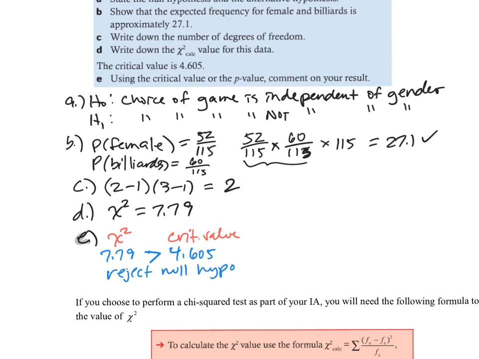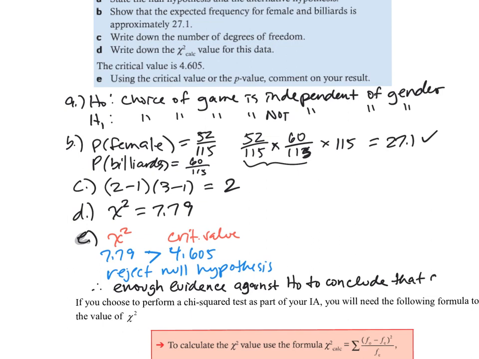So what does that mean to reject the null hypothesis? Well, the null hypothesis was that the choice of game was independent of gender. So we can conclude, therefore, there is enough evidence against our null hypothesis to conclude that choice of game is not independent of gender.